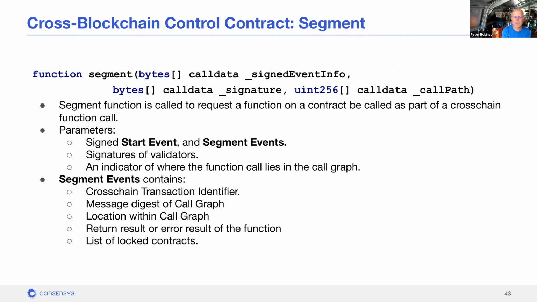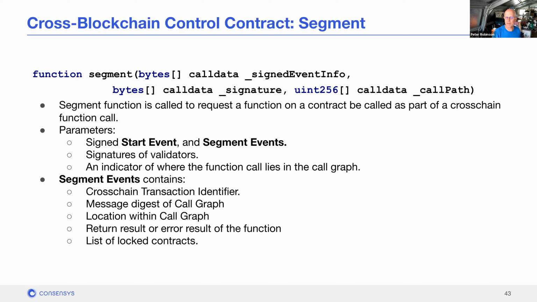You've then got segment function calls. And so on the different parts of the call graph that aren't the root, they're called segments. And so you call the segment function to request that one of these parts of the overall call graph is executed. And so you pass in the start event, which has got that call graph in it, and segment events. So you may have had another segment event that was executed that has a return value that gets consumed by this segment.